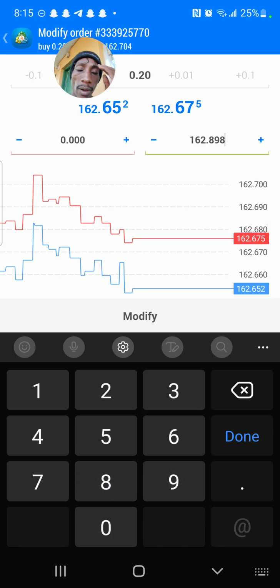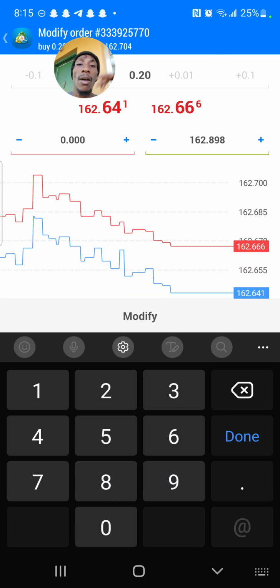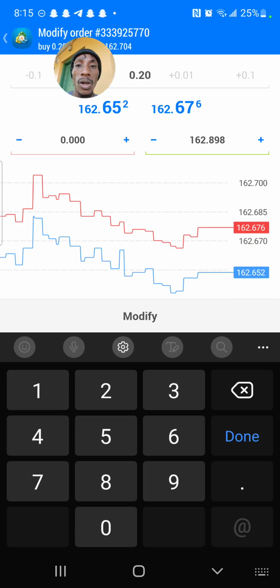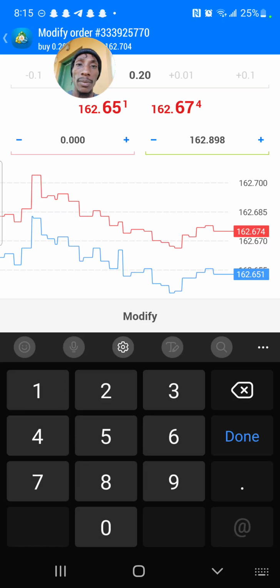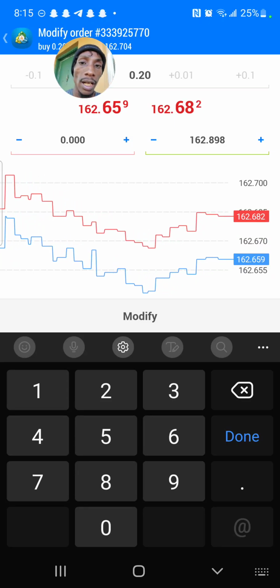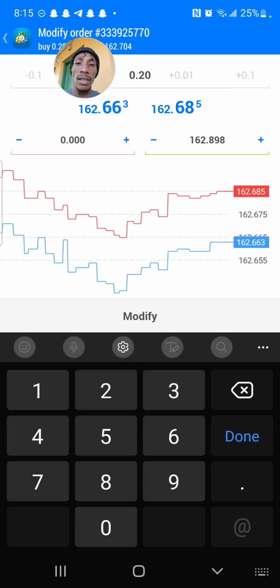So what I'm doing right now is setting up a target profit, where I want to take my profit. It's not how much money, but if you're happy with this amount, then you get out of the trade. That's basically what I'm doing here. And the stop loss is gonna be on the left side.